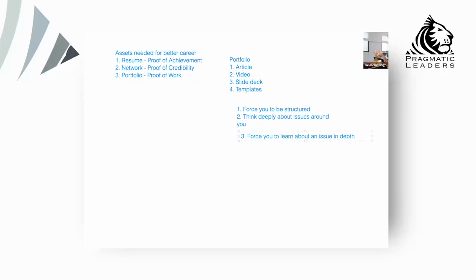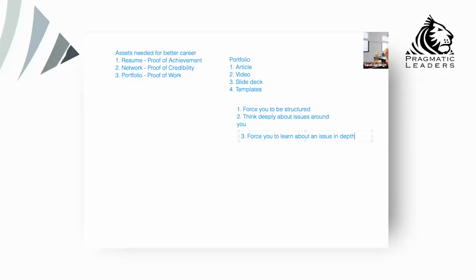You might have been rejected, not even shortlisted, for example, right? Why? Because the resume that went, or the network that went, haven't yet given the recruiter the confidence that, okay, this person is somebody I would like to talk to. Why? The proof of achievement is not aligned with the proof of achievement that they want, right? The network hasn't given that confidence.